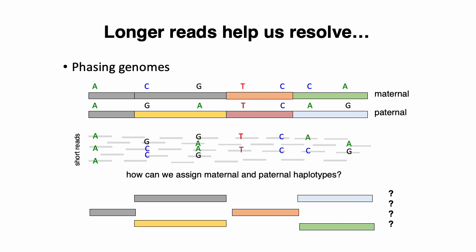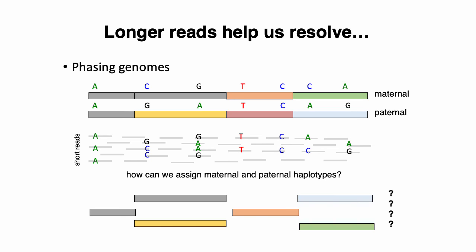Another area where long reads help us is in what's called haplotype phasing. We'll go into this in more detail in the genetics lectures. Between, for example, different humans in the same population, you can see a lot of common variants or SNPs that differ between pairs of individuals.